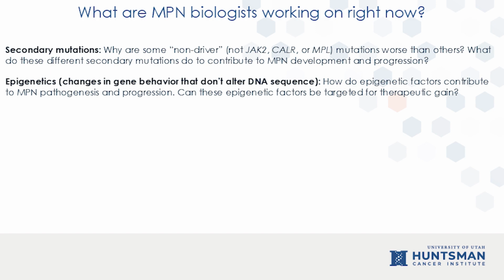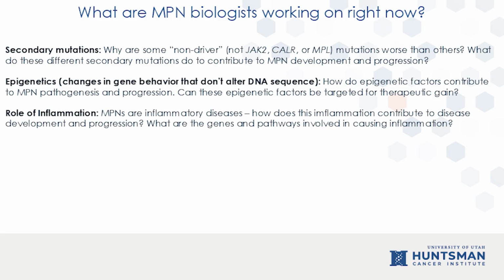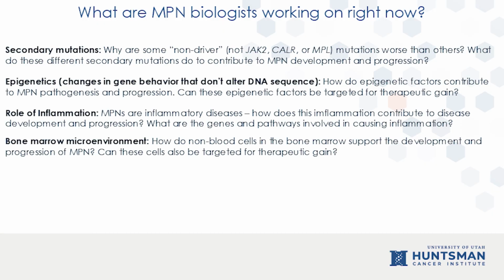So there's a big push to understand how these epigenetic factors contribute and whether we can target them. MPN is a very inflammatory disease. So how does this inflammation contribute? What are the pathways involved? What are the genes involved? What causes this inflammation, and how can we potentially target the inflammation?